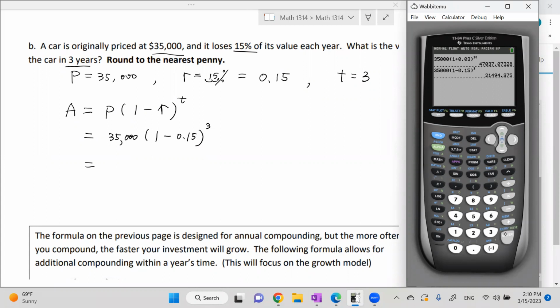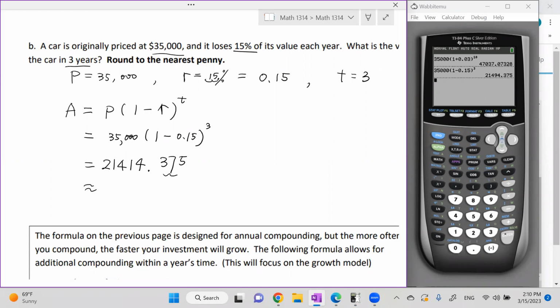So we are having 21494.375, but we need to keep the nearest penny.